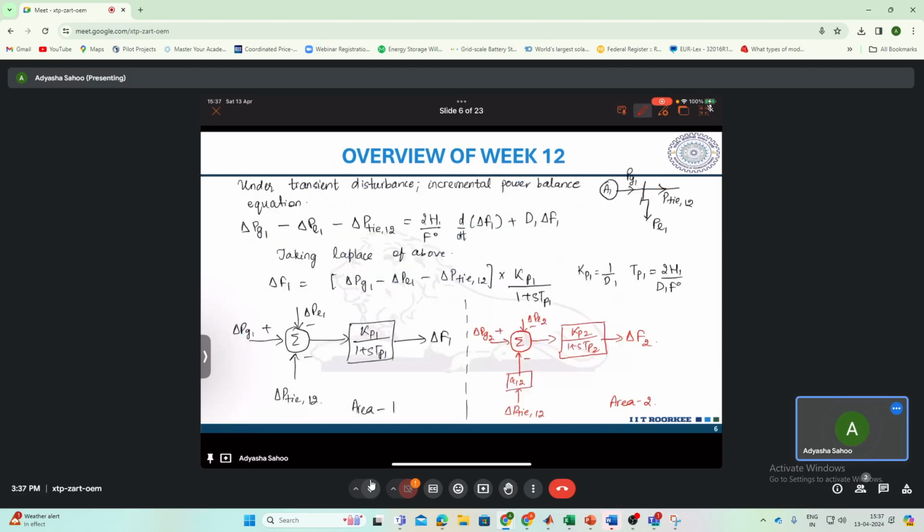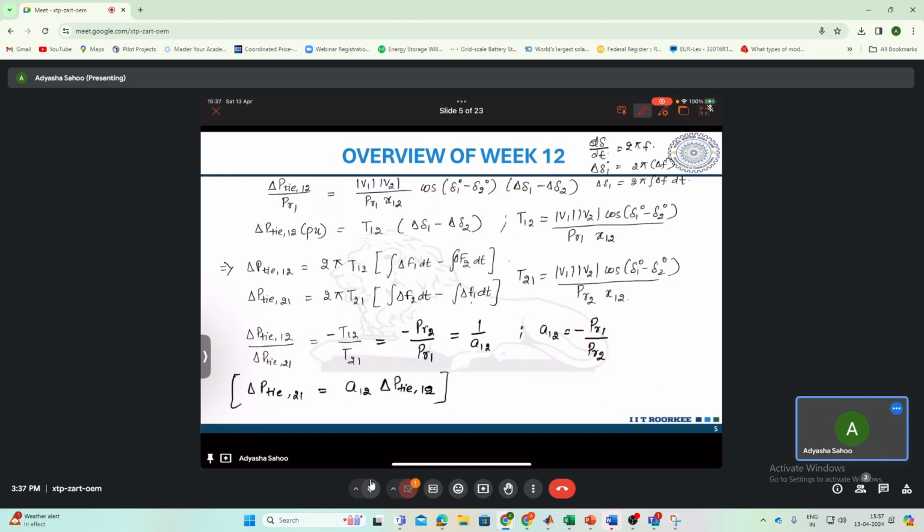And similarly for the tie line, if I draw it here, let's say delta P tie 12, if I take the Laplace here, it will be nothing but 2 pi T12 by s, from this integration sign.